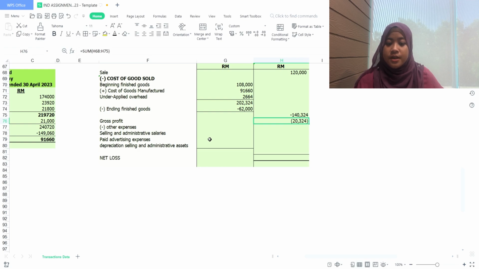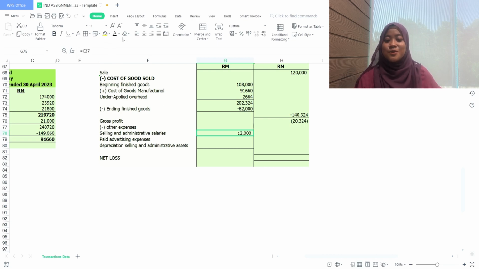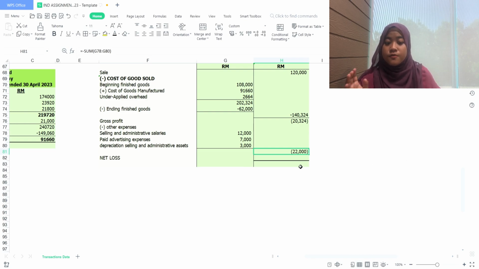So for the other expenses, we have selling and administrative salaries expense, which is 12,000, advertising expense 7,000, and depreciation, selling and administrative asset is 3,000. So the total of these expenses is 22,000.